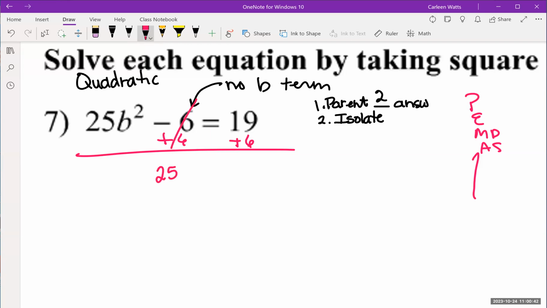So I have 25b squared is equal to 25. Okay, I'm isolating my squared term. Okay, so next I'm going to divide.